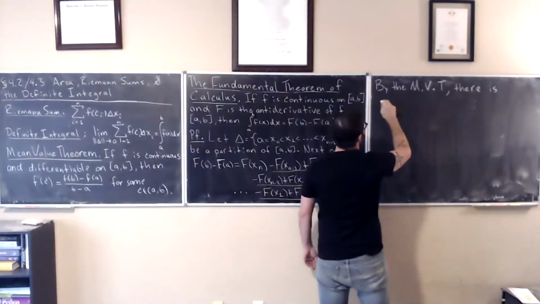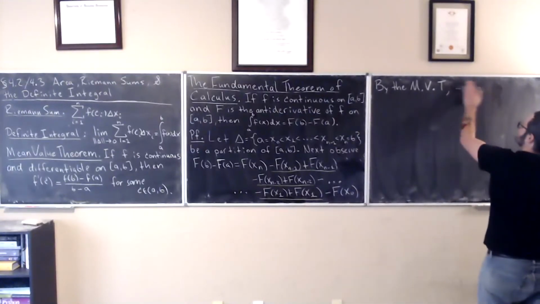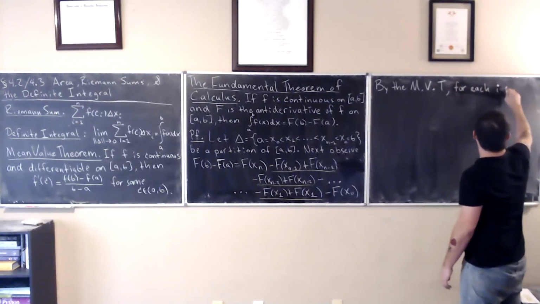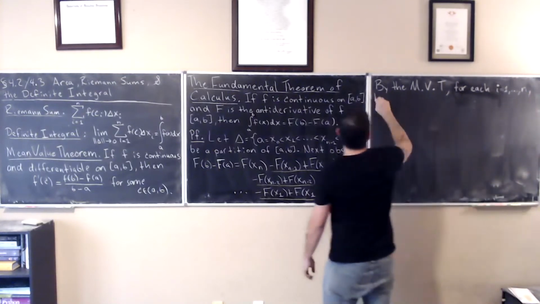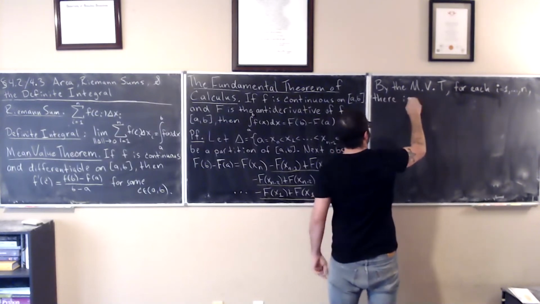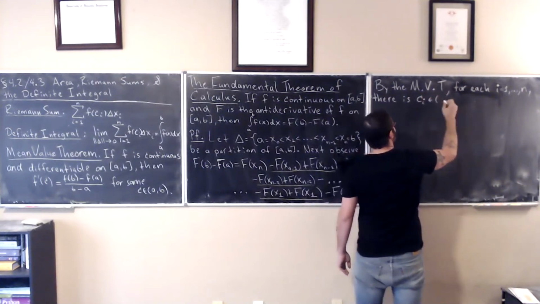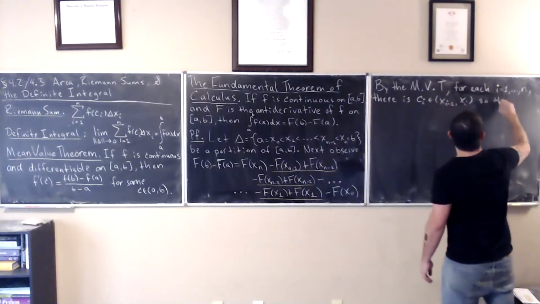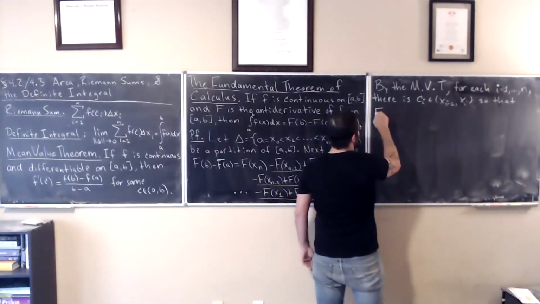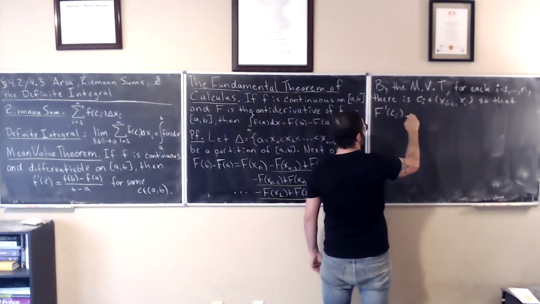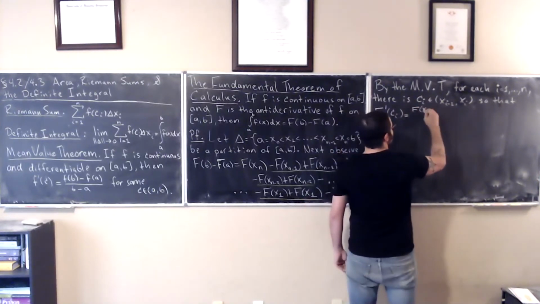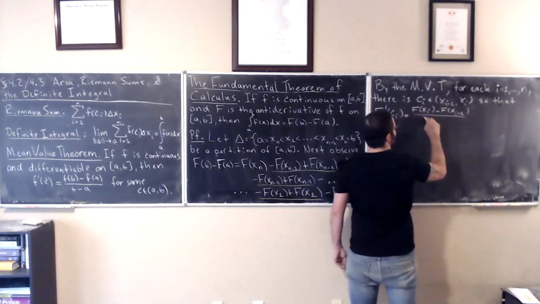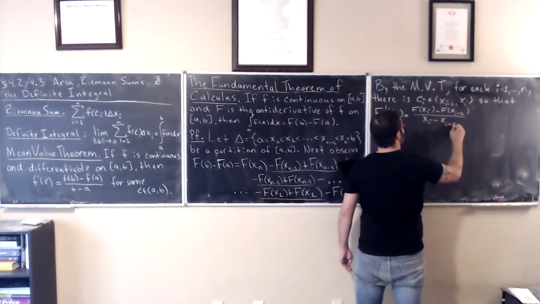There is, well, maybe I can say the mean value theorem, for each i from 1 to n there is some c_i in (x_{i-1}, x_i) so that F'(c_i) is equal to F(x_i) minus F(x_{i-1}) all over x_i minus x_{i-1}.